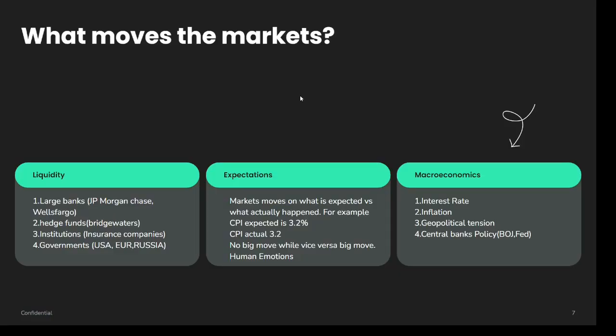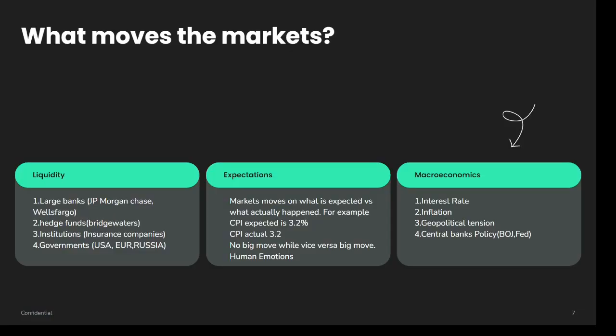With large money, I'm talking about millions, billions, they use Fedwire. And then we have the government. Let's say the US says, I'm going to buy 1 billion tons of oil from Russia. Those transactions also move the market.